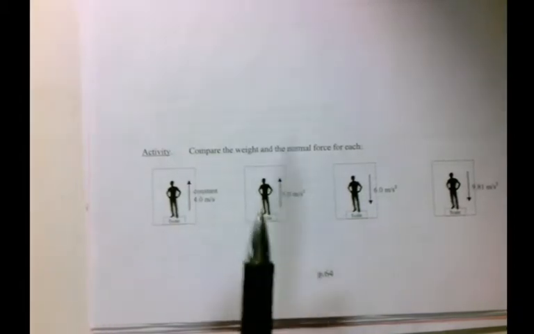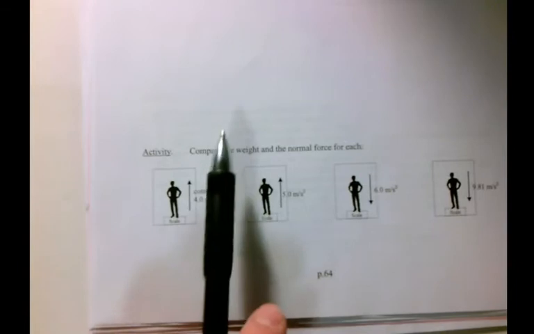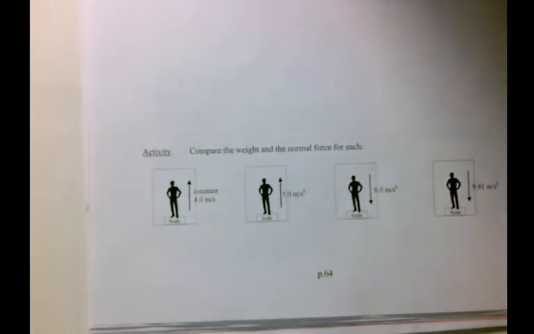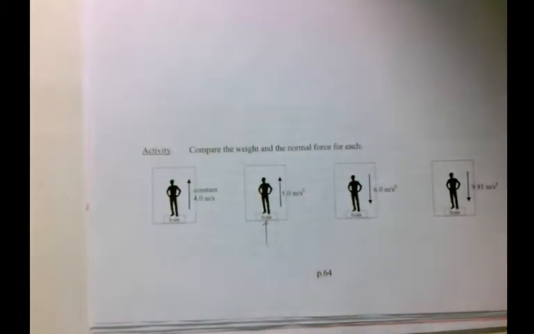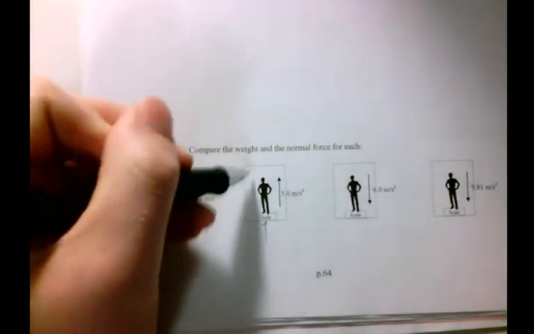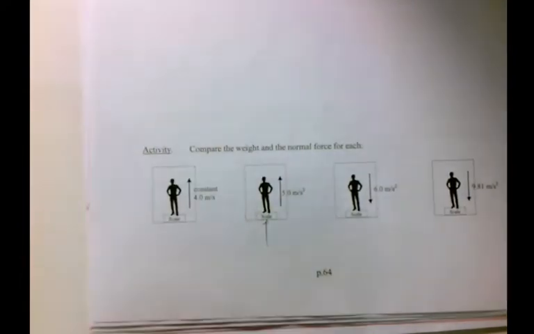Now, if you're in an elevator that's accelerating upwards, things start to change. So this is like you're on a super fast elevator, it's accelerating you upwards. How do you think that your apparent weight would change? The elevator is actually pushing up against you with a greater force than gravity is able to push back down on you.